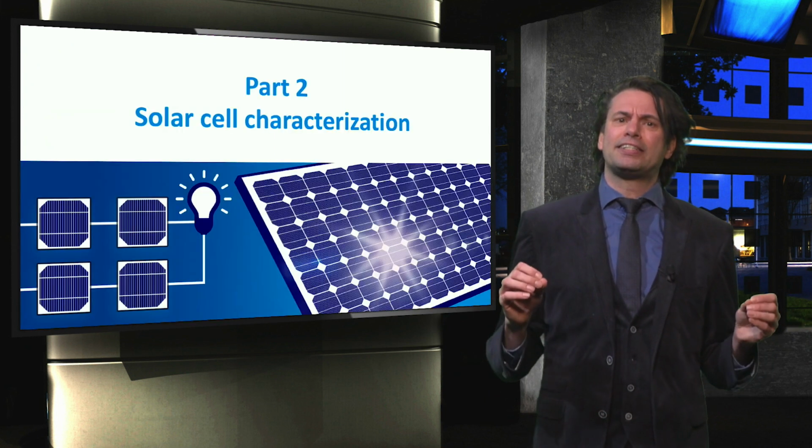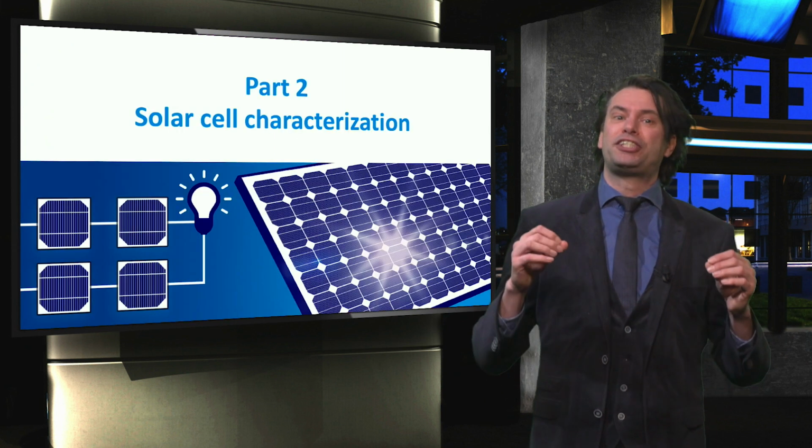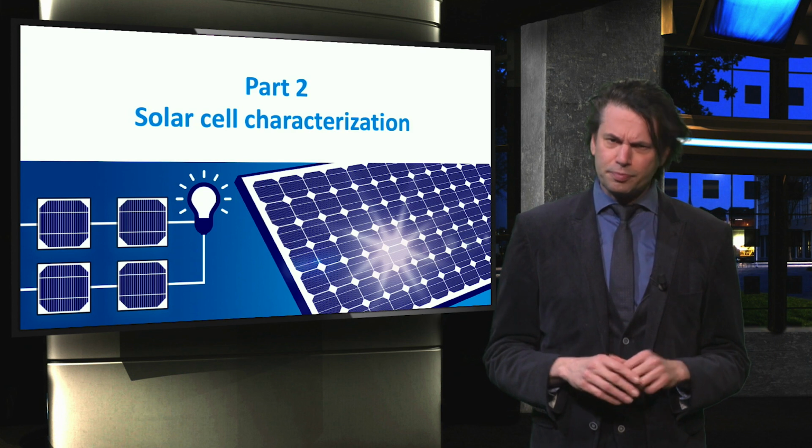After the crystalline silicon section, we will discuss the characterization of solar cells. You will discover that the characterization of the performance of solar cells is an art itself. It is essential to understand how solar cells and modules are characterized to fully understand the practical value of the results.